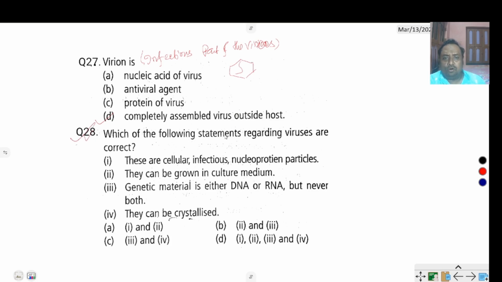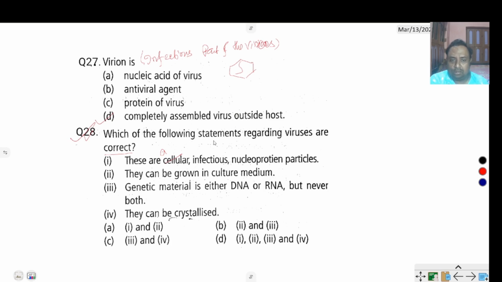That is question 28. Which one of the following statements regarding viruses is correct? Number 1: these are cellular. No, viruses are acellular, because a cell requires a minimum of 5000 angstrom size for normal function, but viruses are about 2000 angstrom.